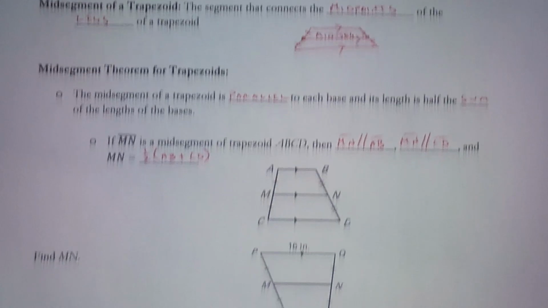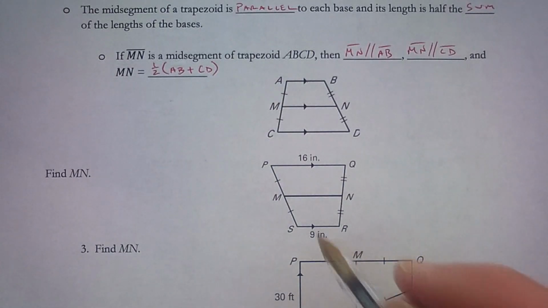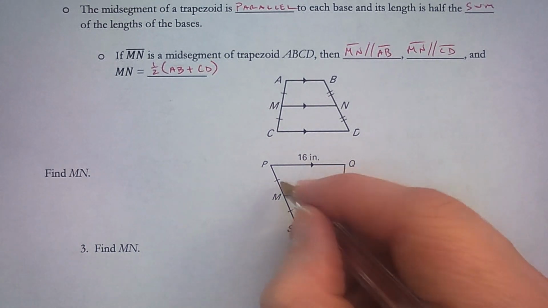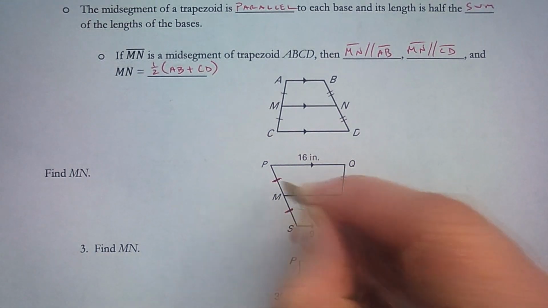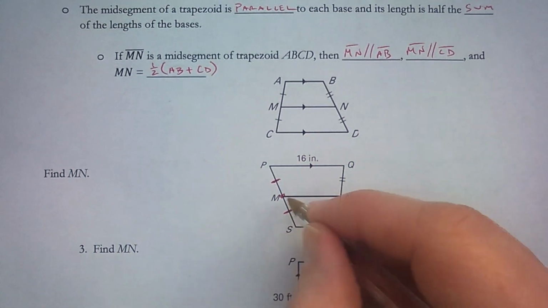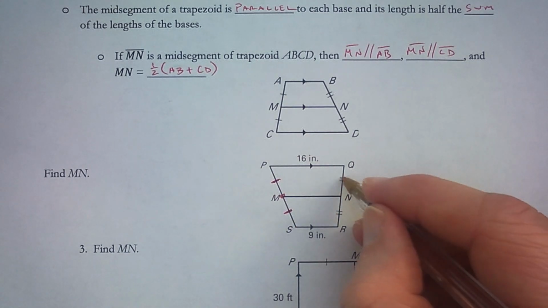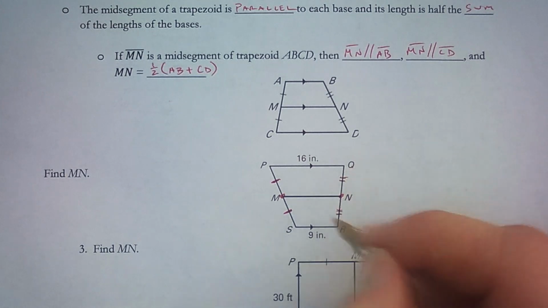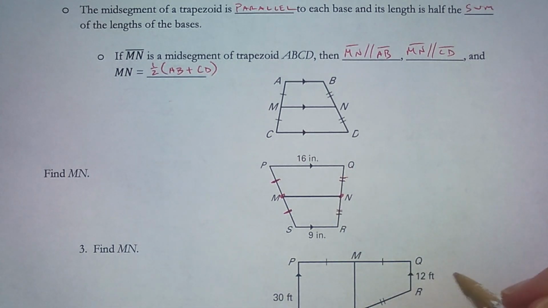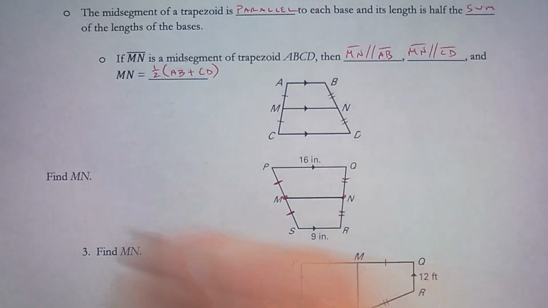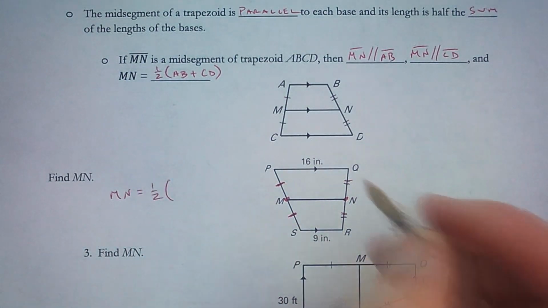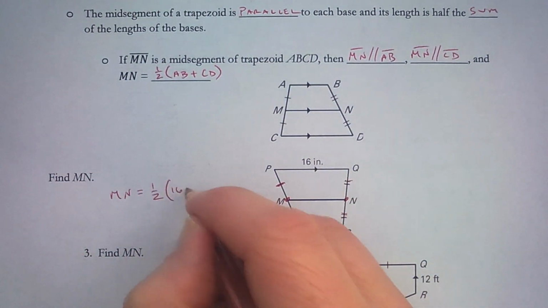So now we will use that. So segment MN, this is the midsegment. I know that because those tick marks tell me M is the midpoint of side PS, and these tick marks tell me N is the midpoint of side QR. So this is definitely a midsegment. So the length of segment MN is half of 16 plus 9.